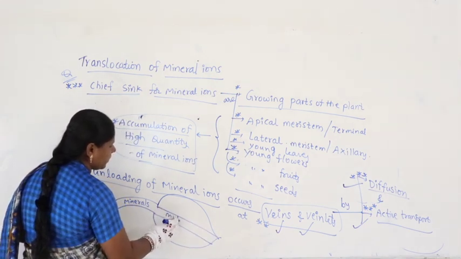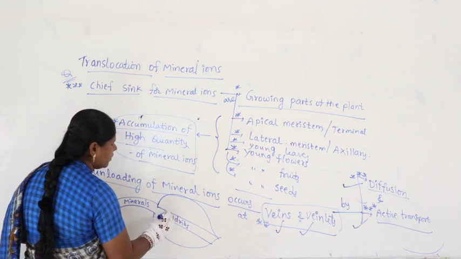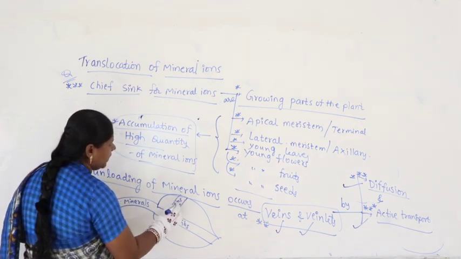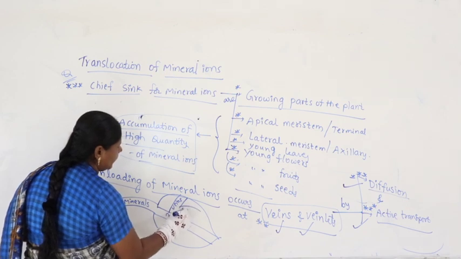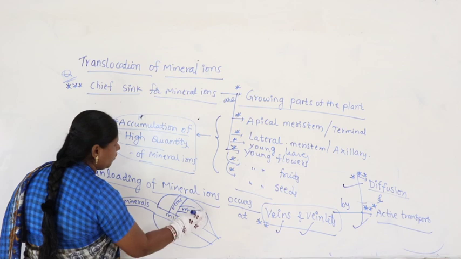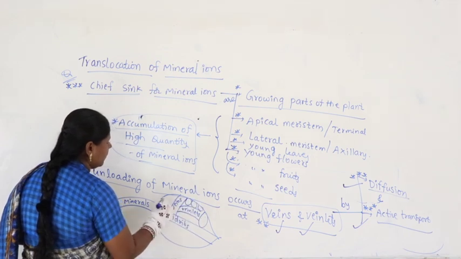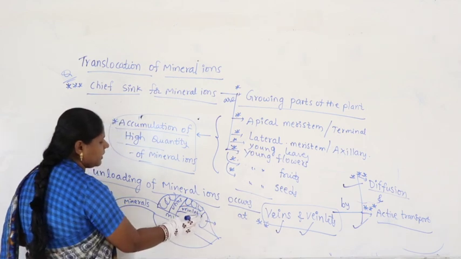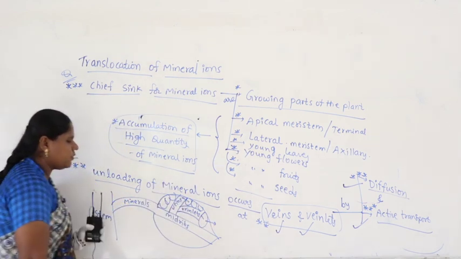Here is the midrib. Midrib gives to veins. Veins give to what? Veinlets. Now to whom will they give? They will give to mesophyll. Right? They will give all the nutrients to mesophyll.